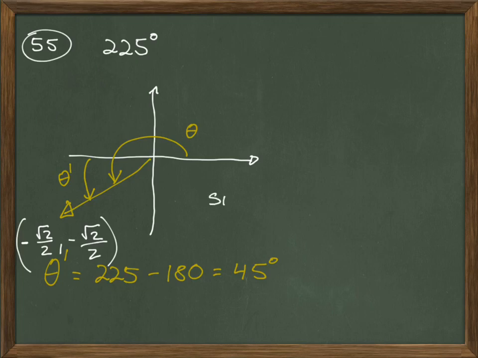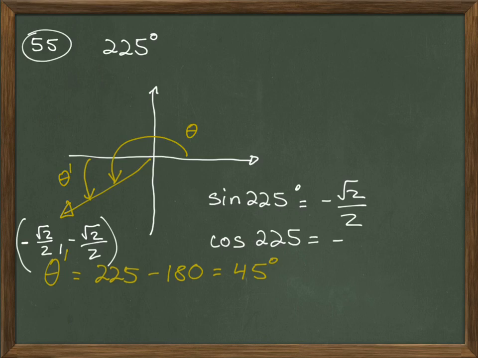Now the sine of 225 is, of course, always the y coordinate. So in this case they are both the same, negative square root of 2 over 2. The cosine of 225 is also negative square root of 2 over 2.